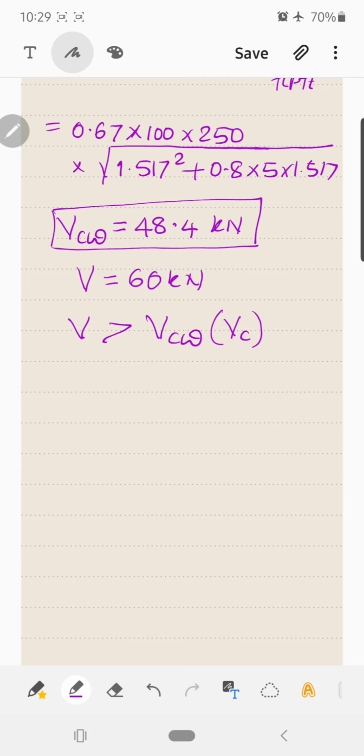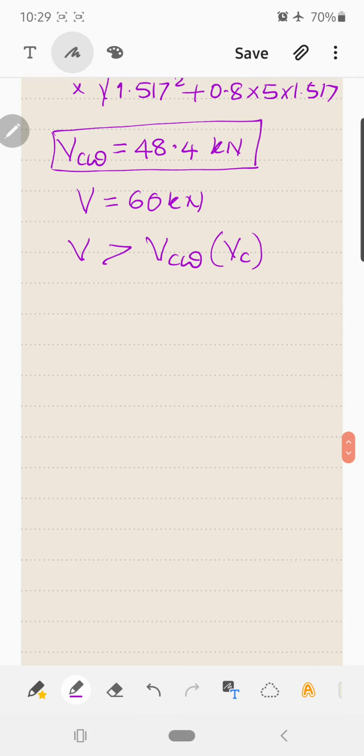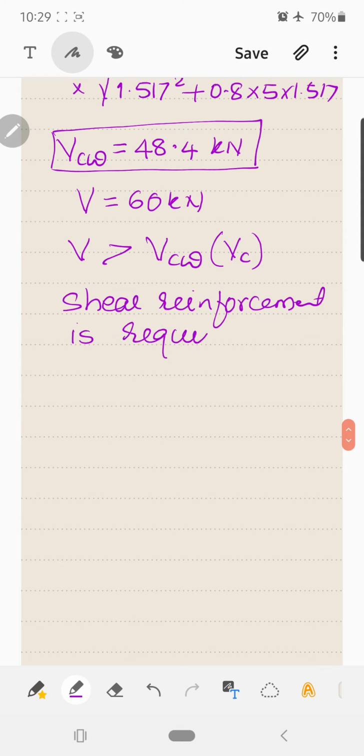So if V is greater than VCW, it is case number 3, and we have to provide the shear reinforcement. Of course V is greater than VC, but V is not greater than 1.8 times VC, so it is case number 3 only still.